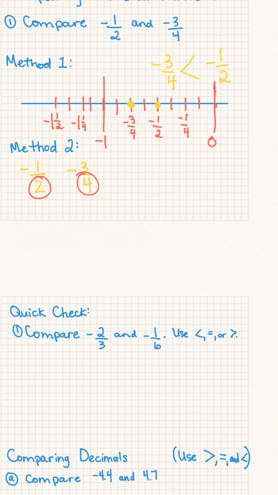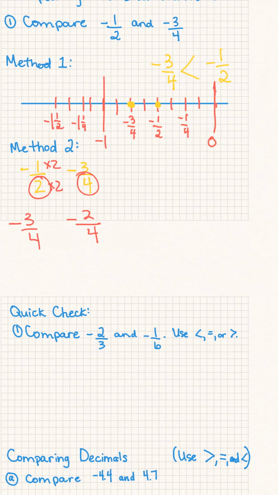So you can see that 2 can go into 4 2 times. So if we multiplied -1 by 2, whatever you do to the bottom, you have to do to the top. Then that's going to equal -2 over 4. So now we have -2 over 4 and -3 over 4.